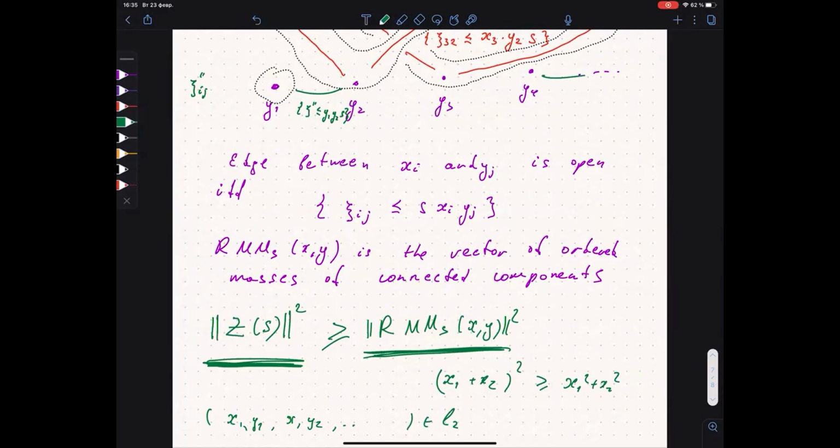Unfortunately, here I cannot tell you more, because as I said, in order to prove that if you have the multiplicative coalescent which starts from L2 and it also stays in L2, you need to do a lot of analysis.